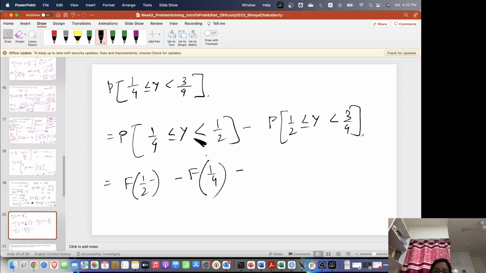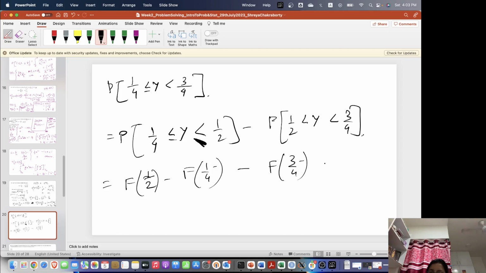So this one we'll write like this, so 1/4 to half, and then half to 3/4. So this we can write as f of half minus f of 1/4 minus f of 3/4 minus. Okay. So here f of half is how much?